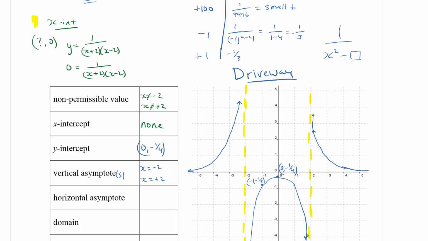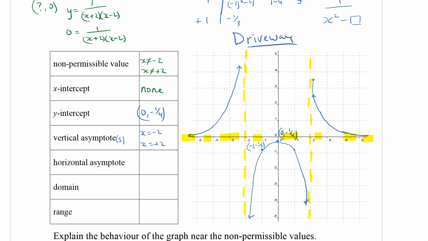I should draw in the fact that we do have this horizontal asymptote as described. So let's say that we have a horizontal asymptote, as I just mentioned, at y is equal to 0. The domain, so what can the x values be? The x can be anything except it can't be negative 2 and it can't be positive 2. So I'm going to say x is not equal to negative 2, x cannot be equal to positive 2.